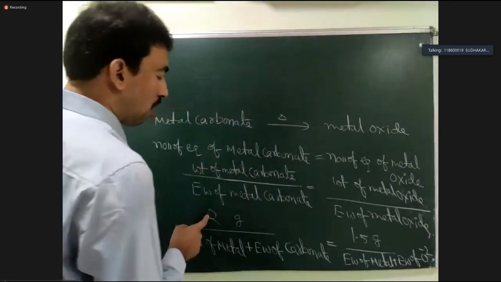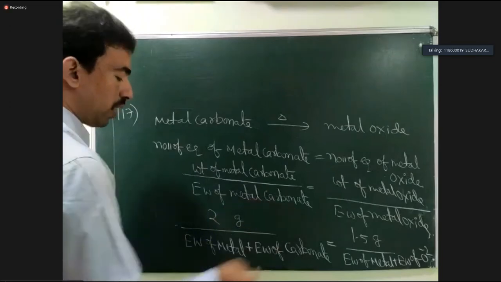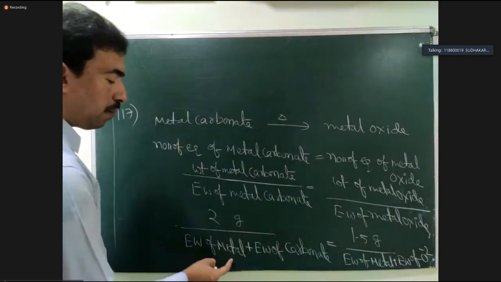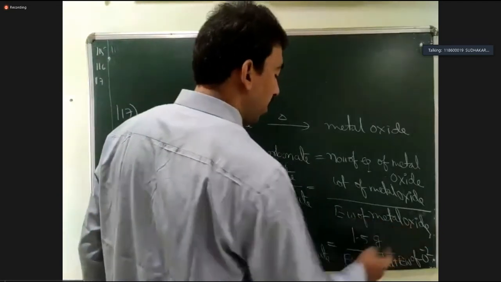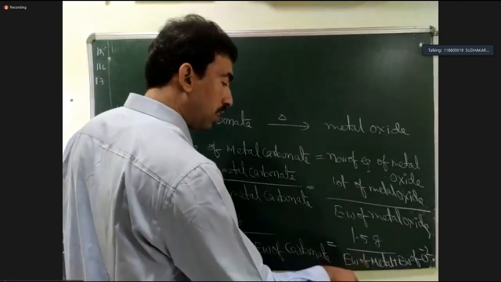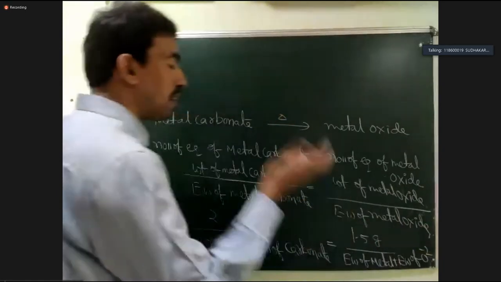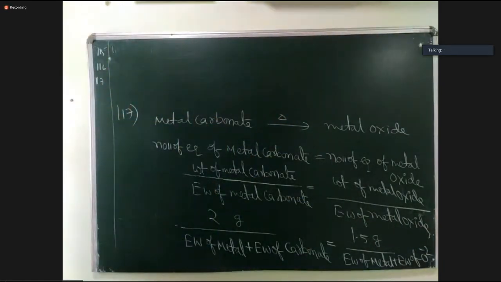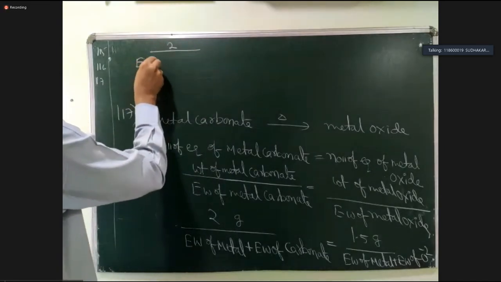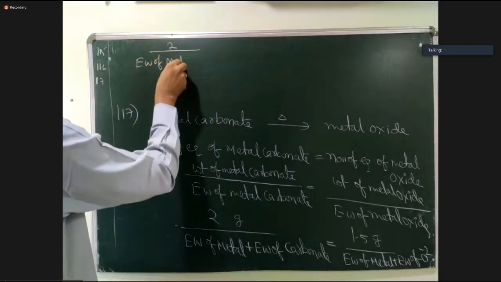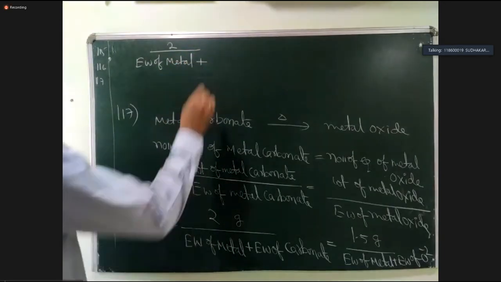Weight of metal carbonate you have is 2 grams. The equivalent weight of metal carbonate is the equivalent weight of metal plus the equivalent weight of carbonate. The equivalent weight of metal oxide is the equivalent weight of metal plus the equivalent weight of oxide. So 2 by the equivalent weight of metal plus the equivalent weight of carbonate.